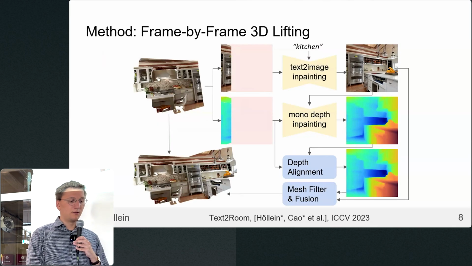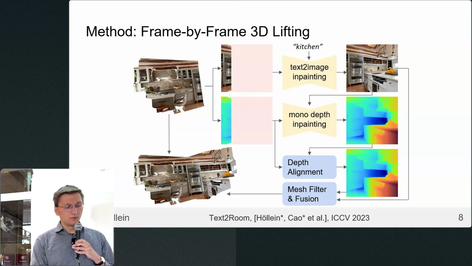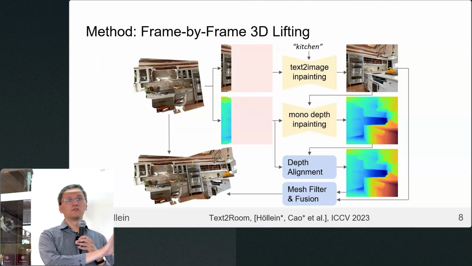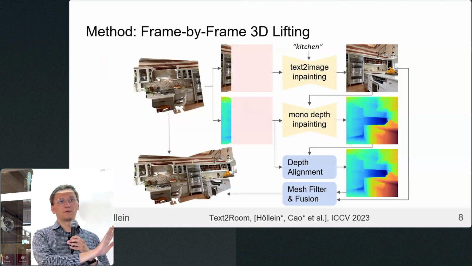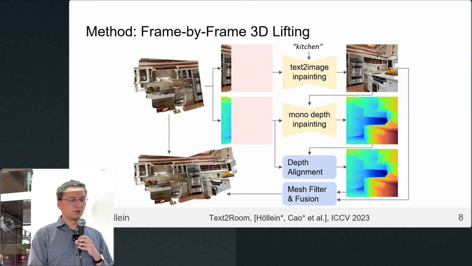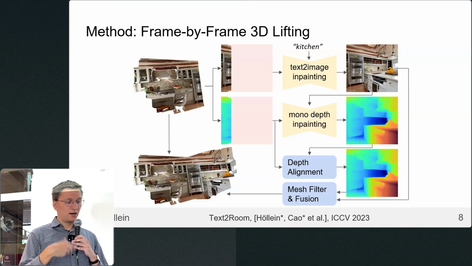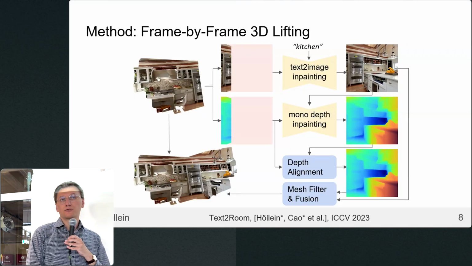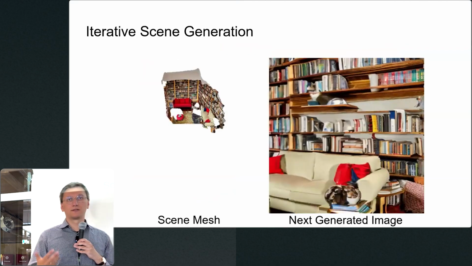And again, you estimate the depth of that newly generated image. You have to make sure that the estimated depth aligns smoothly with the known depth, such that you have continuous alignment between the two images. And then you can just unproject again, and you obtain a larger patch. And if you do this 100 times from different perspectives, it would look something like this.